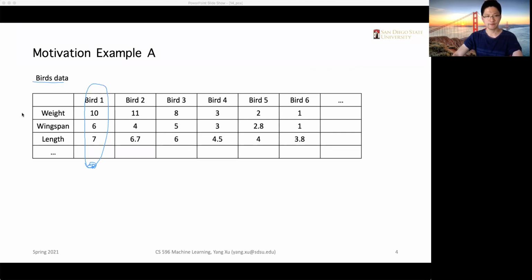So far we have shown 3 features, but the dots here show there could be more than that: weight, wingspan, and length. For the first bird, the weight is 10, the wingspan is 6, and the length is 7 inches or whatever other unit is being used, right? And the second bird has its own features, and the third bird.